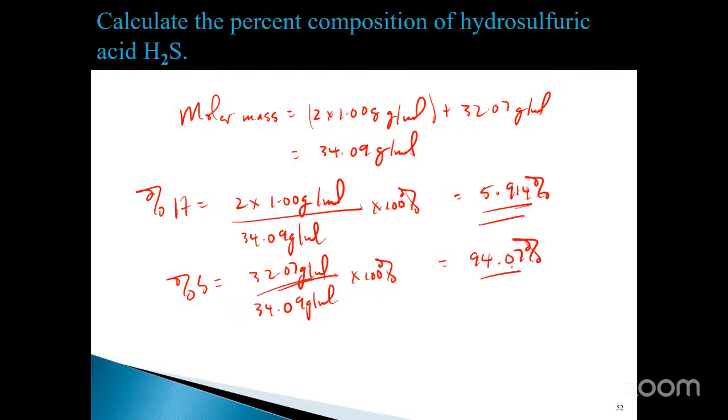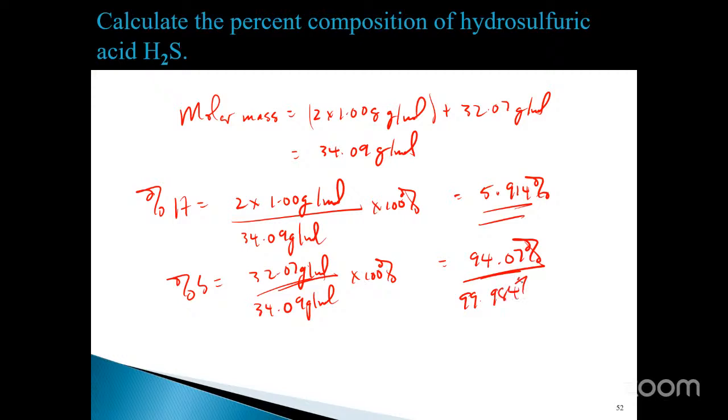And one thing I always tell students to do whenever they're doing this type of calculation is check to see if the answer is valid by adding these two together. It should be equal to, if not exactly 100%, close to 100%. So in this case, if I add 5.914 plus 94.07, the answer I got is 99.984%.